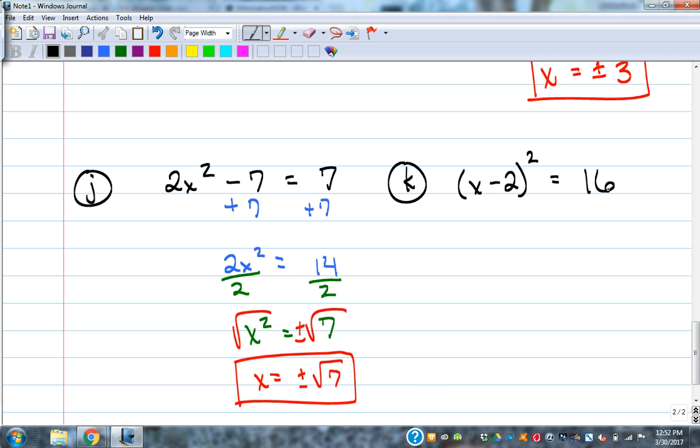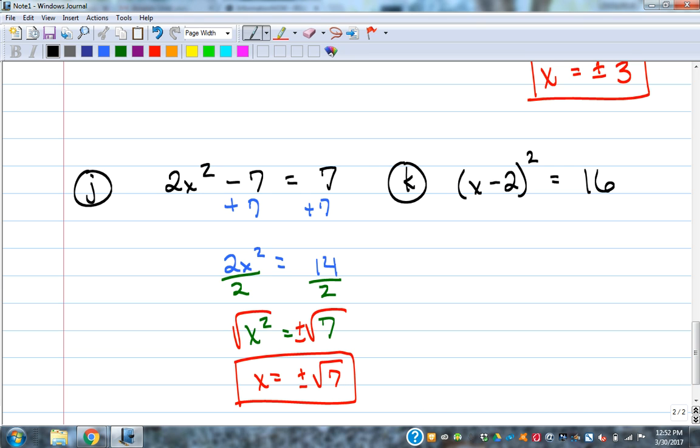Let's increase the difficulty level. Okay. Keep in mind, what's the very first thing that I talked about at the beginning? You got to get the squared part by itself, right? Is the squared part by itself? What part is squared in this problem? X minus 2. That's the part that's squared. Is it on that side by itself? Yeah.